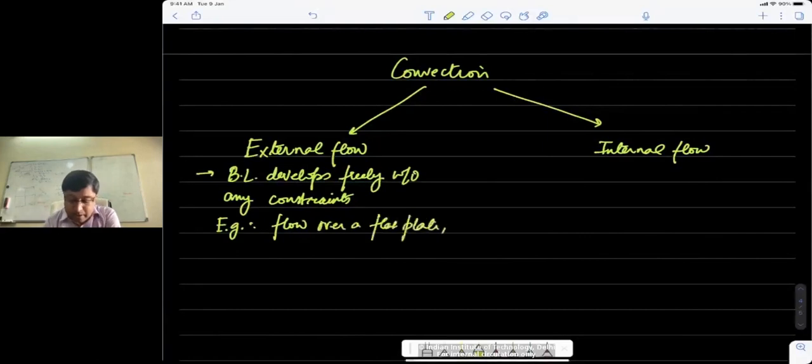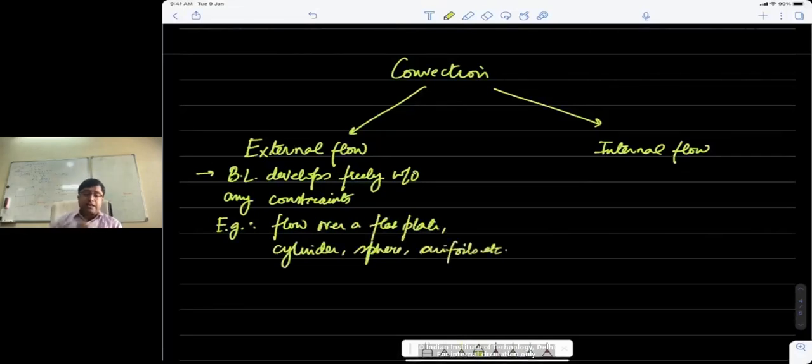We will have flow over certain obstacles, typically a cylinder or sphere, or even flow over airfoils. All these will fall under the category of external flows.